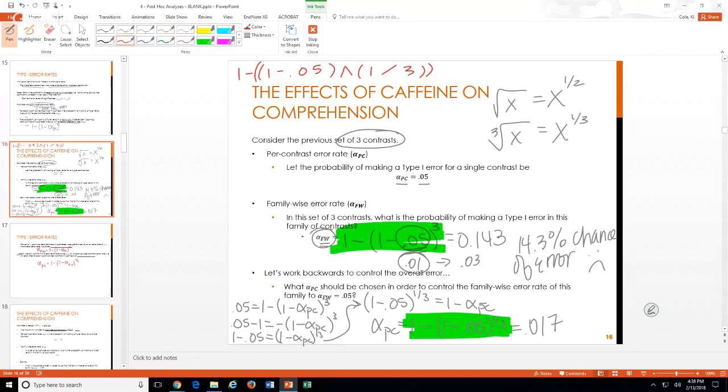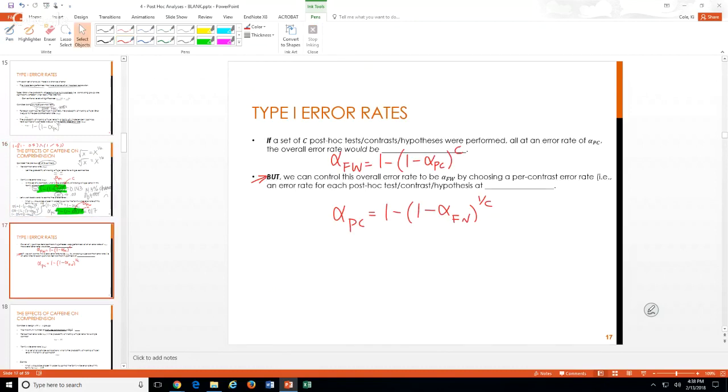So right here, this was alpha per contrast, and this was our C. But down here, the 0.05 was our alpha family-wise, and the 3 was still our C, but it was 1 over 3 instead of just 3. So these are the formulas.